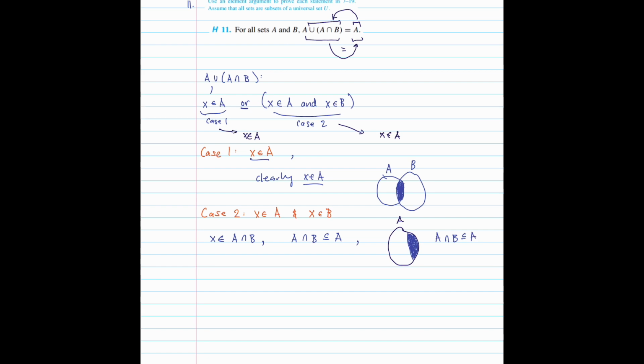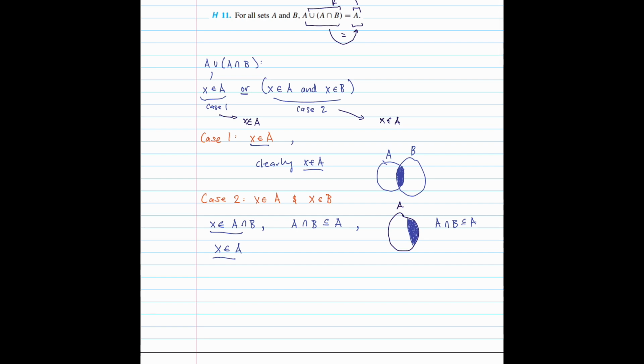So from that we could say, since A intersection B is a subset of A and X is an element of A intersection B, X is also an element of A. So we proved that as well. So this is good for the left side, proving the left side is equal to the right side. Now we need to prove the right side equals the left side.